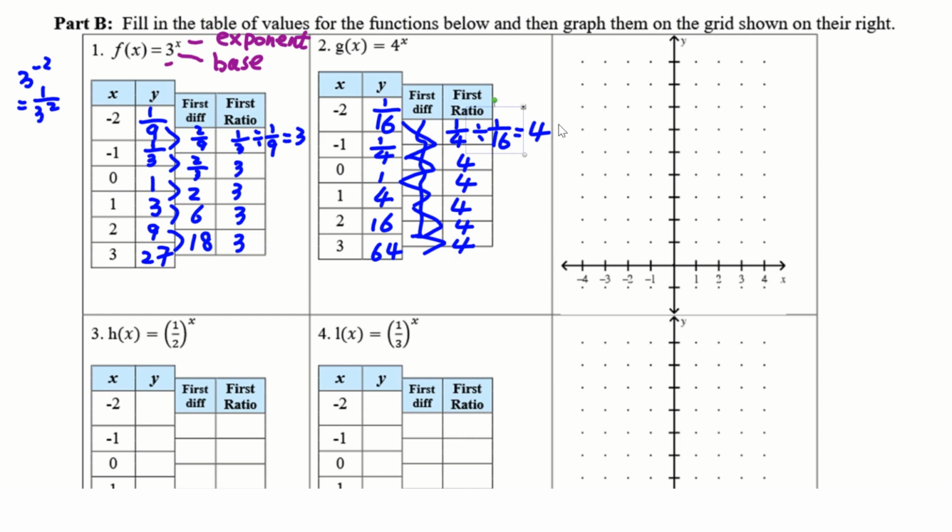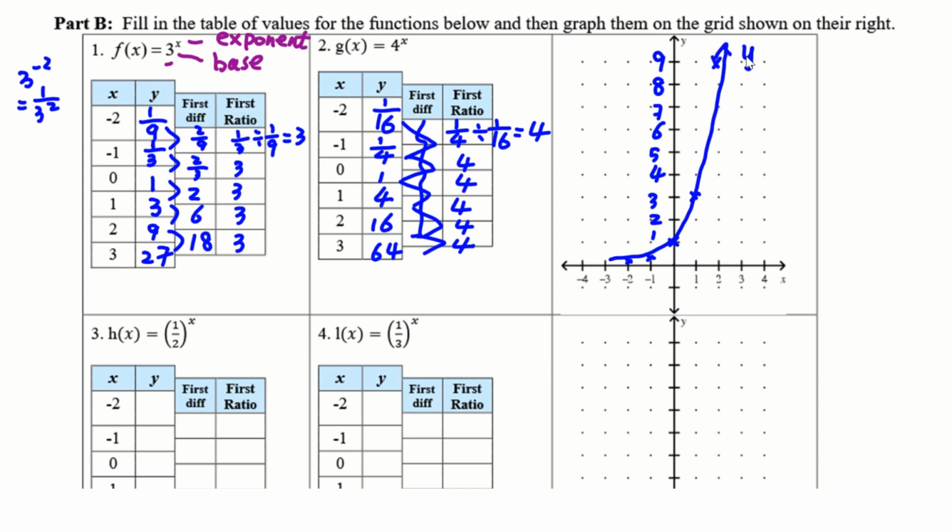Then we do the graph. So -2 is very close to 0, then -1 is 1/3, 0 is 1, 1 is 3, 2 is 9, and with 5 points we could graph it by connecting them.